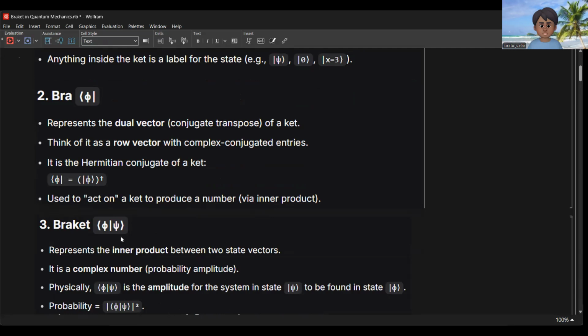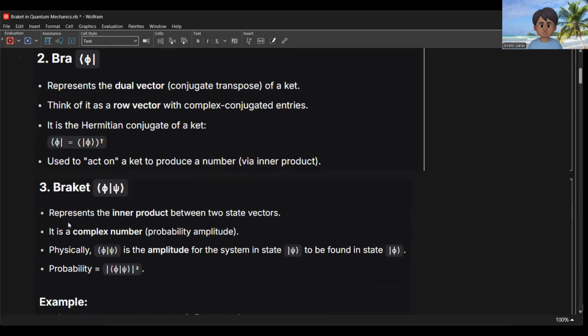So we have the bracket here. It represents the inner product between two state vectors. So it is a complex number, a probability amplitude. Basically, this represents the amplitude. The bracket is the amplitude of the system in the state psi to be found in the state phi.